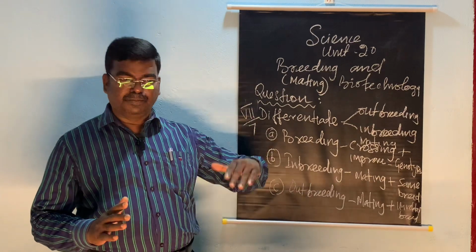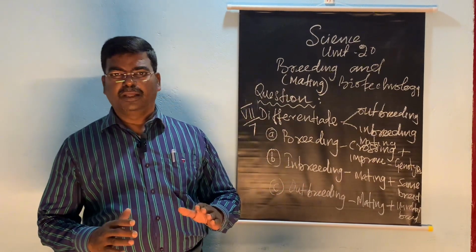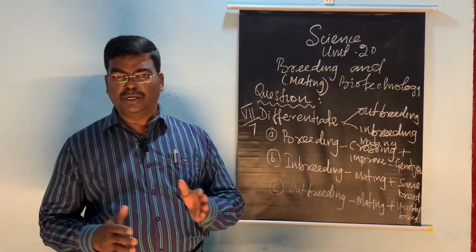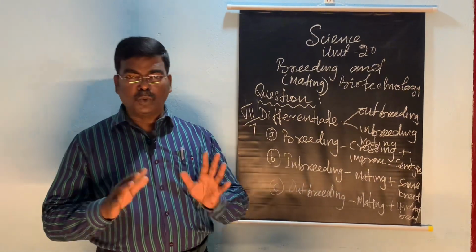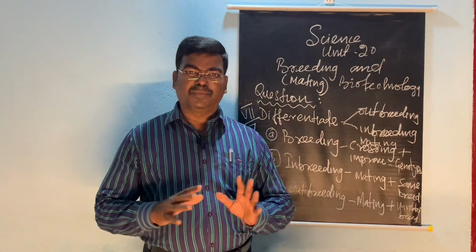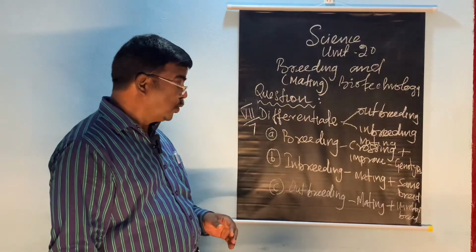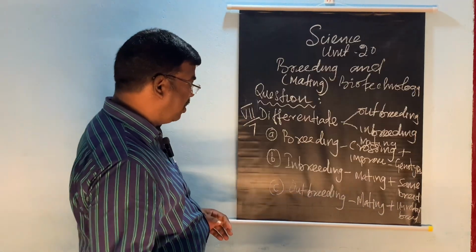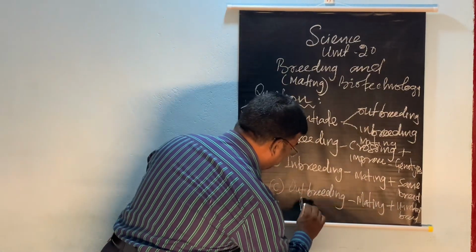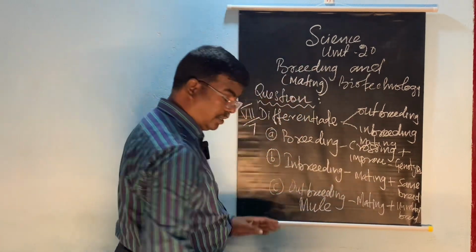By means of this matching, they are getting a new organism or new offspring. The name of that offspring is called mule. M-U-L-E. Mule.